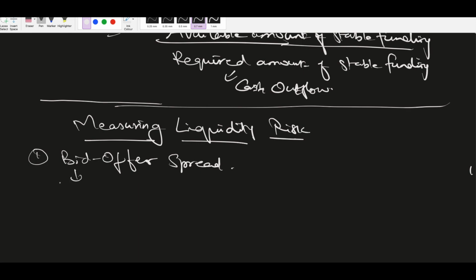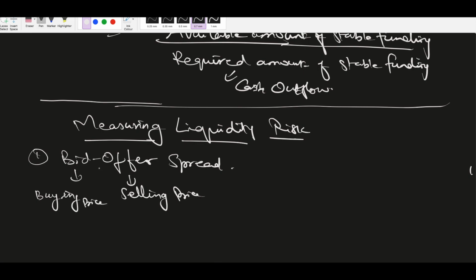Bid refers to the buying price, offer refers to the selling price.